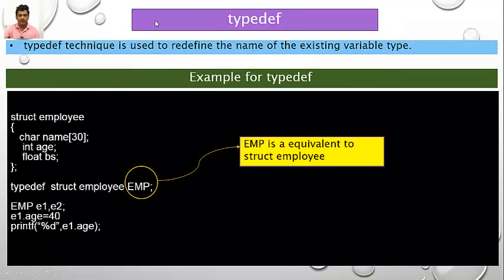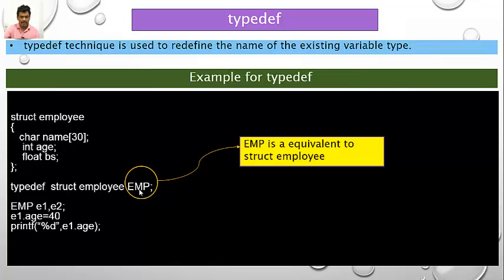Typedef. Typedef is a technique used to redefine the name of an existing type. If we want to give a meaningful name to an existing declaration, we use typedef. Example: struct employee, character name of 30, integer age, float bs. These are all the elements of the structure. So this is the structure definition.